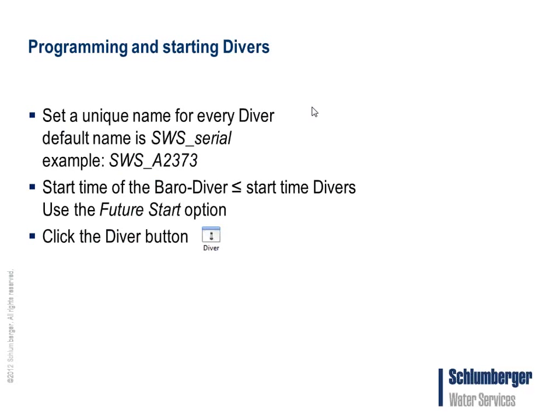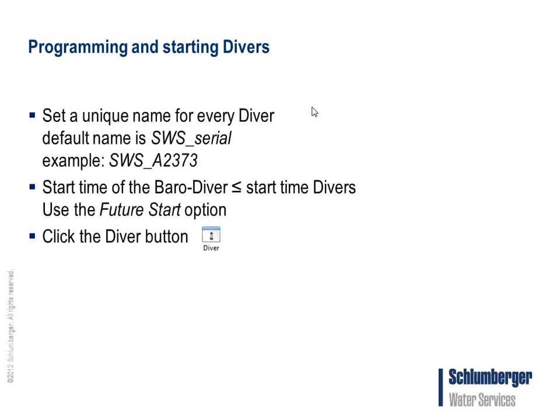So the next thing is programming and starting divers. It is more or less essential that you set a unique name for every diver, because if you set the same name for different divers, all the time series data will be lumped under the same name, but they are actually from different divers.